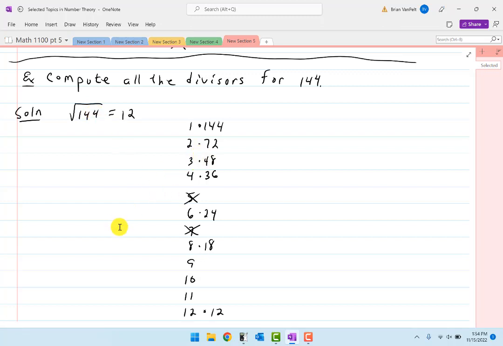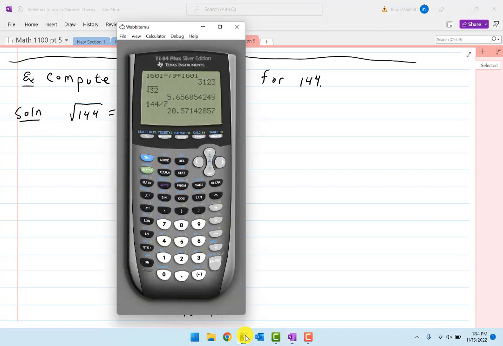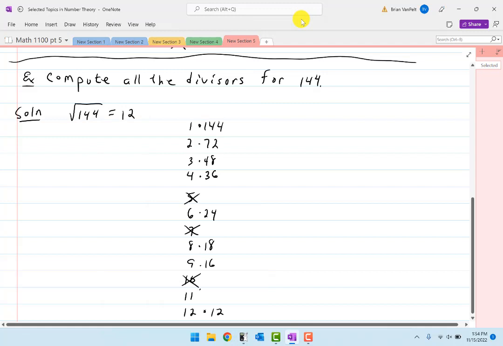Well, I believe it's 16. 10 does not go into 144. And if you try 11, 144 divided by 11, that's got a decimal, so we know that it does not evenly go into it.